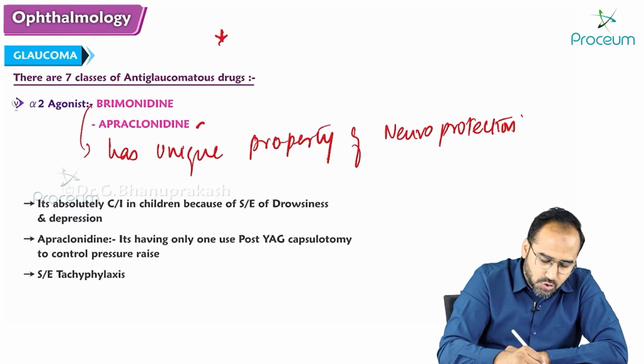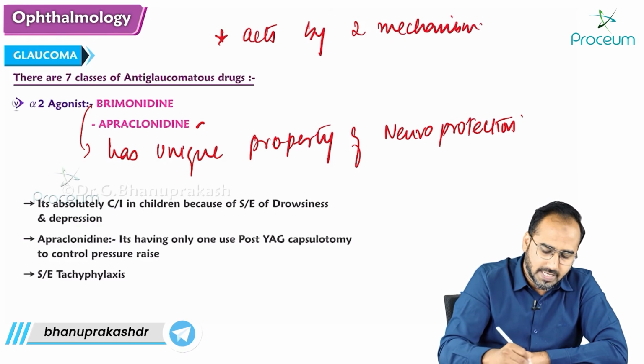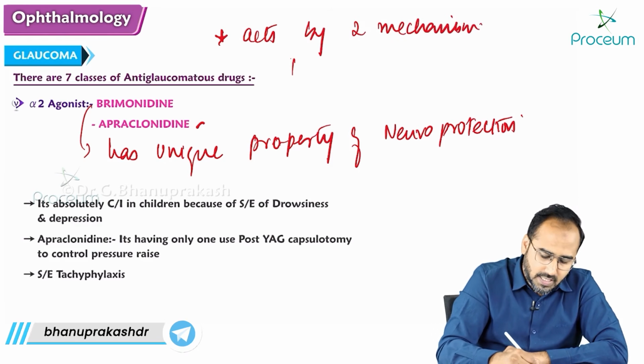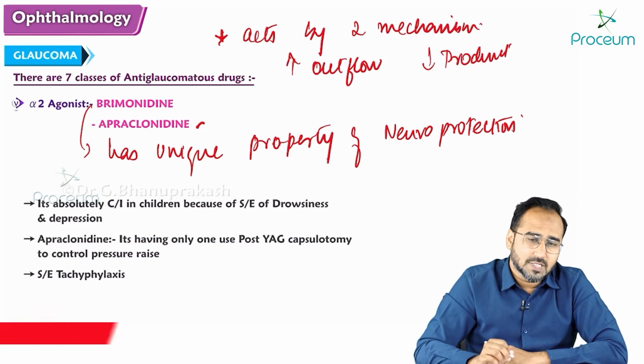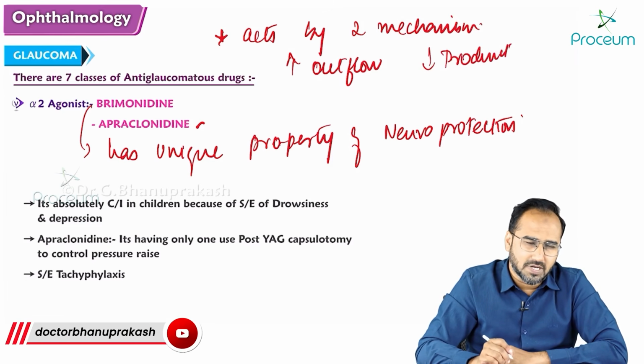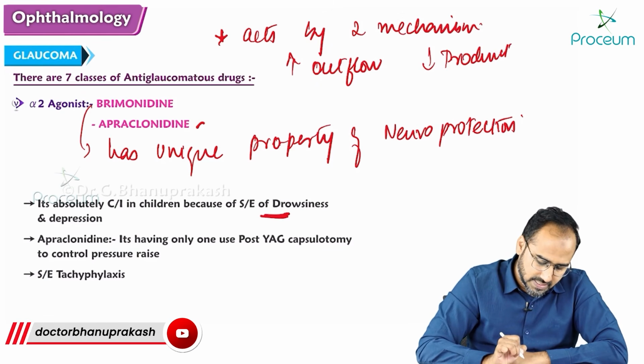Brimonidine acts by two mechanisms: it increases the outflow as well as decreases the production. But never give this brimonidine in children. Why? Because it will cause drowsiness, right?